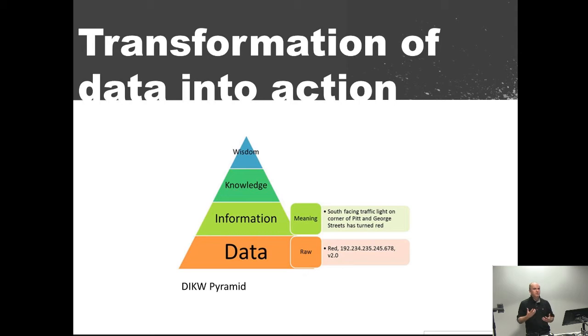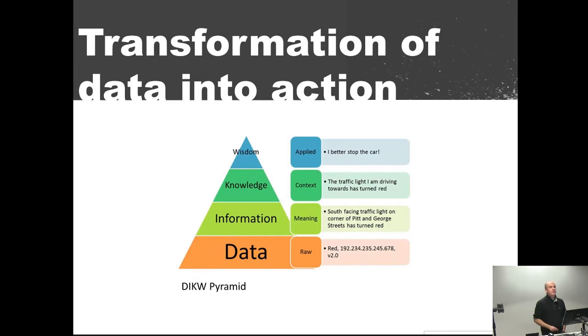To understand a bit the relationship between them. The knowledge is using that information you understand what's happening in the world. For example, a traffic light has turned red, and eventually you are going to take an action, which is in this case, stop your car.